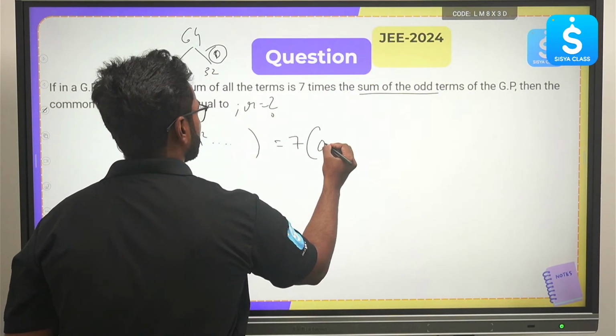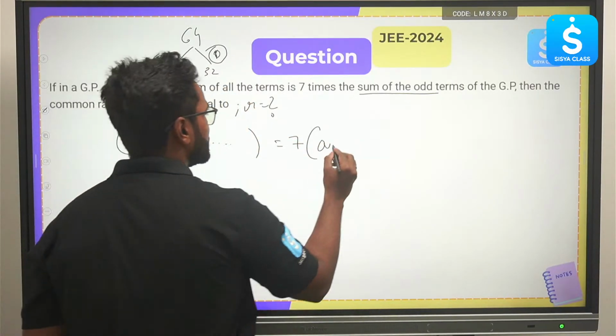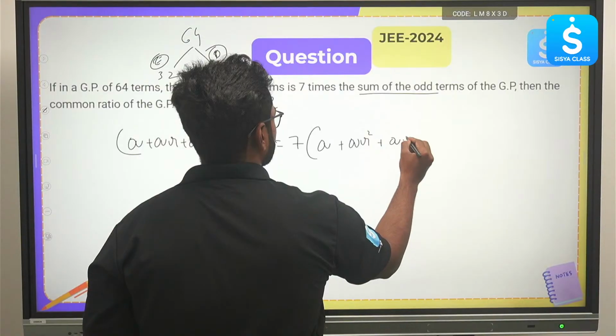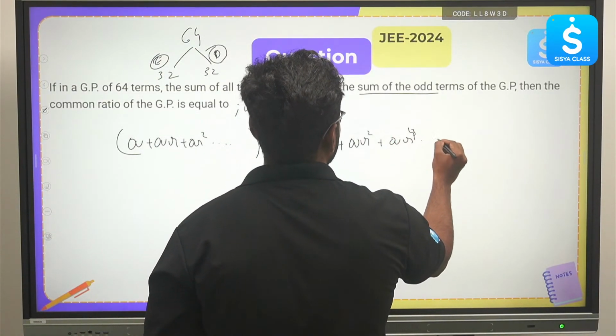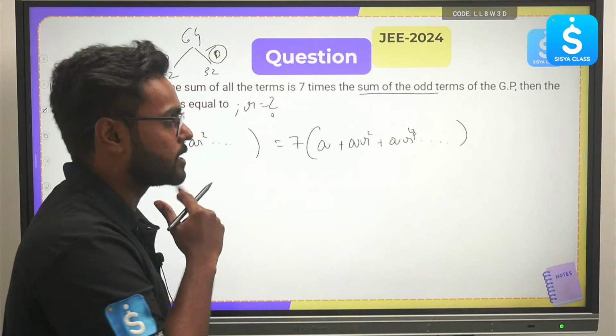Here it's important to remember odd. First term is odd, right? A plus AR square plus AR 4 and so on. Until what is the last term that's odd? 63rd term would be odd term.